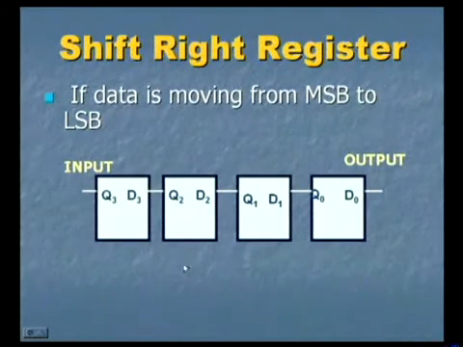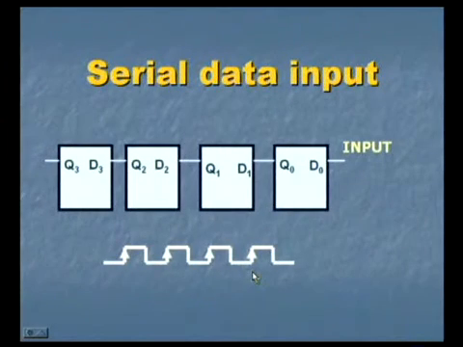In contrast, from MSB to LSB, the movement results in the shift right register. What do you mean by the serial data input? It means for every clock pulse that you give, one bit of input will come and enter into the flip flop.